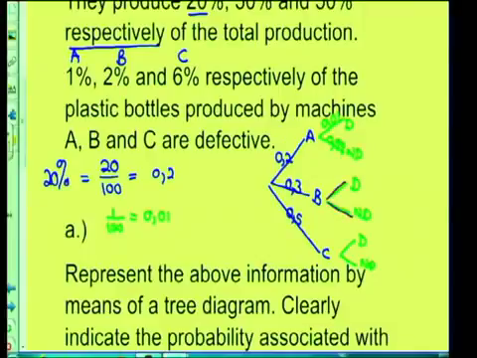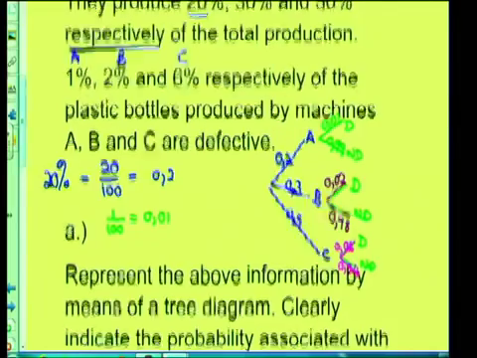Now, in bottle B, 2% were defective, so 0,02 defective, which means 98% must be not defective. And the last one here is this one. And here we have 6%, so we have 0,06. And over here we have 0,94. Right, so that's my tree diagram drawn.